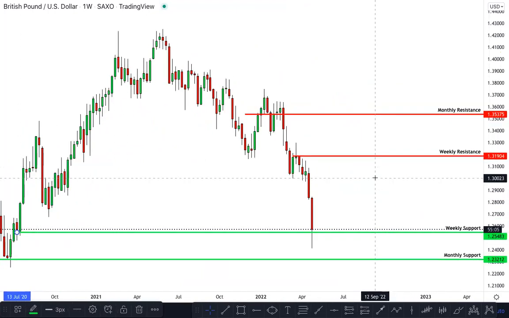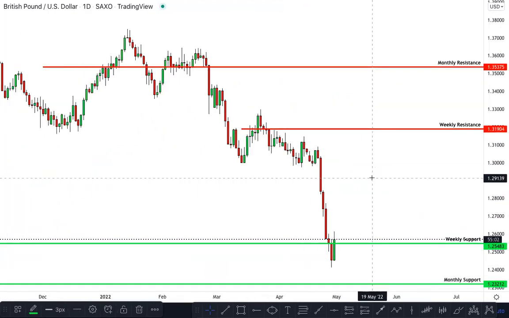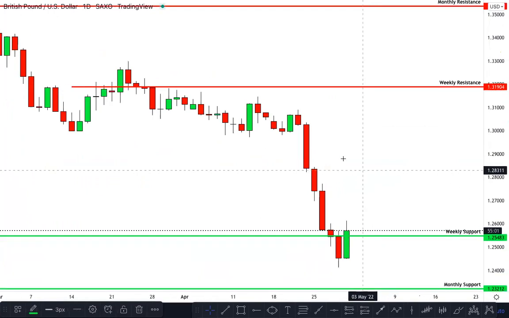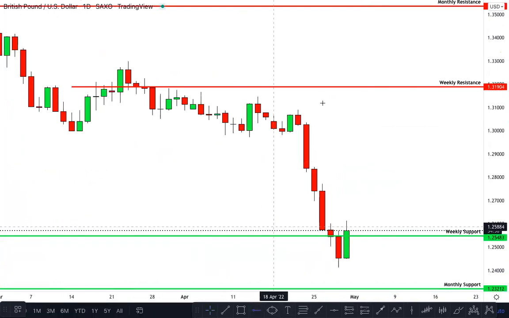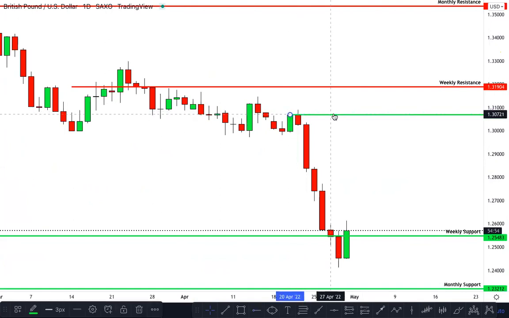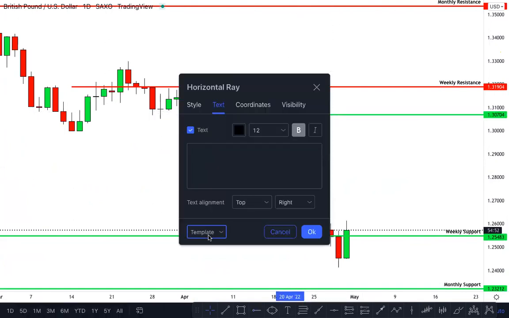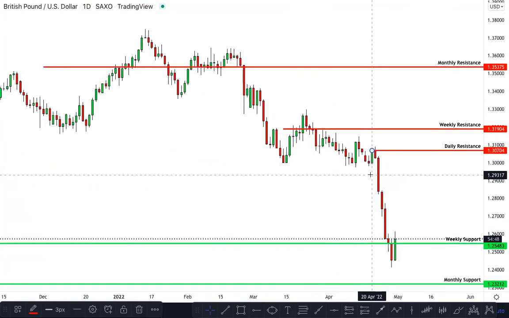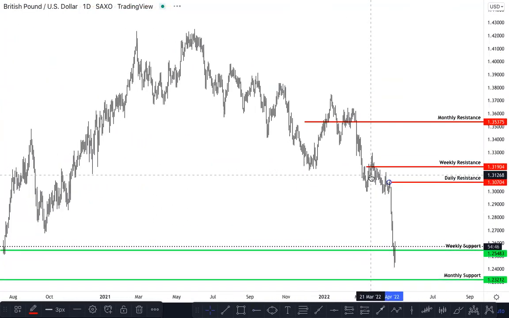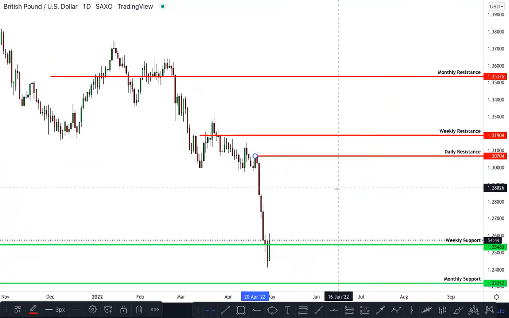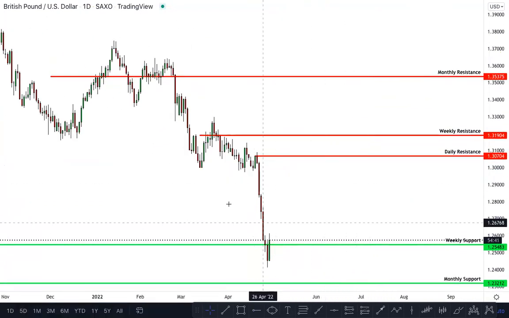And now let's go down to the daily chart. Let's see what we've got here. Daily resistance level is over here. Right over here, daily support level. Nope, don't need to really do anything. Now because it's done this massive impulse, there isn't really much.